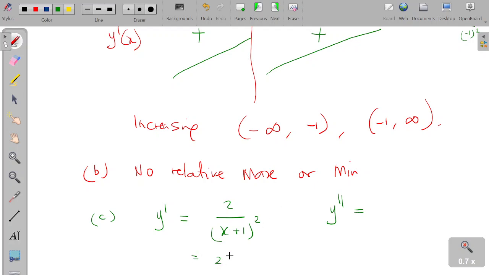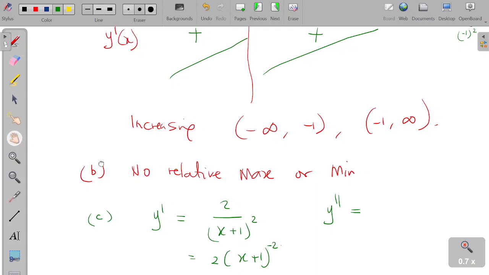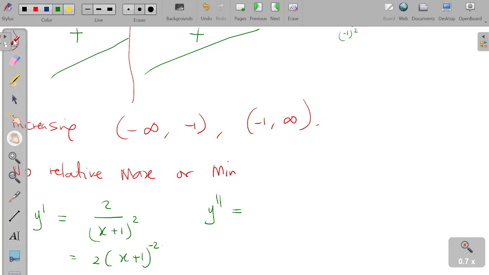I can write this as 2 times (x plus 1) raised to negative 2. So if I want to find the derivative, I'll just have negative 4 times (x plus 1) raised to negative 3, multiplied by 1, to give us negative 4 over (x plus 1) cubed. Okay, that is our second derivative.